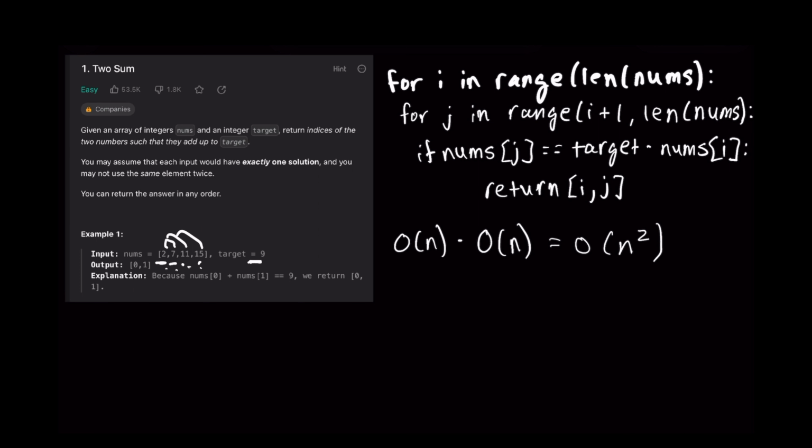So there's definitely a better way to do this, and the better way that's more optimized is by using a hash map. And we can use a hash map by first storing all the values of our array inside of it. So the code for that would look something like this. We'd have our hash map. And what we'd want to do first is store all the values of our array and their indices in that hash map.